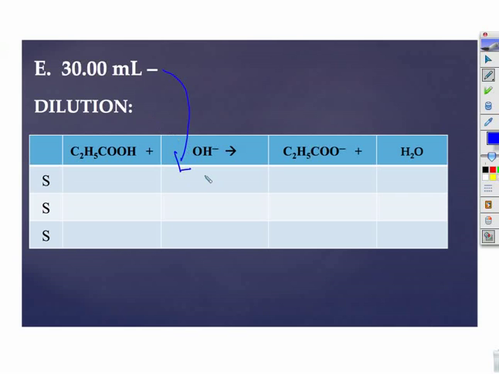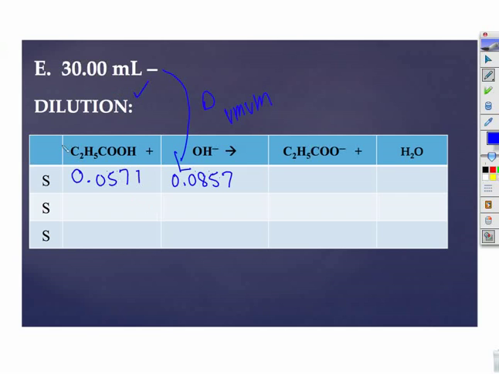I'm not going to do that calculation because you should know how by now, but I will put down the results. Our hydroxide after dilution is 0.0857, and our acid was 0.0571.